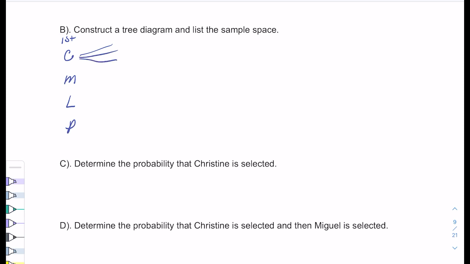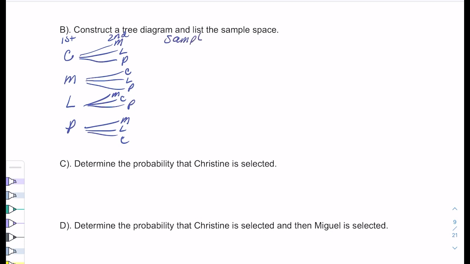So if I choose Christine, my only options left are Miguel, Lavan, or Priyanka. If I choose Miguel, my only options left are Christine, Lavan, or Priyanka. If I choose Lavan, my only options are Miguel, Christine, or Priyanka. And if I choose Priyanka the first time, my only options are Miguel, Lavan, and Christine. So this represents my second selection.